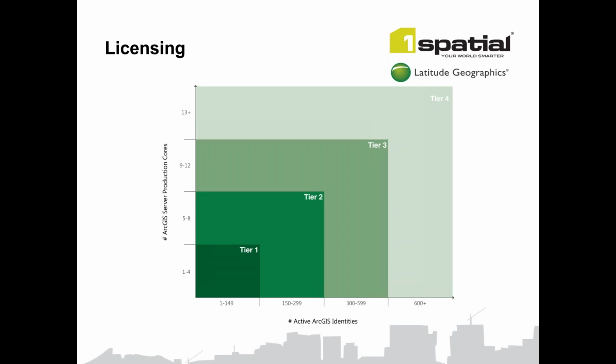There's a tier 1 where there's up to 150 users, tier 2 up to 300 users, tier 3 up to 600 users, and then tier 4 is 600 plus, and that's 13 or more production cores. But to get up to that top end tier 4, you would need to be quite a large organization, in all fairness.